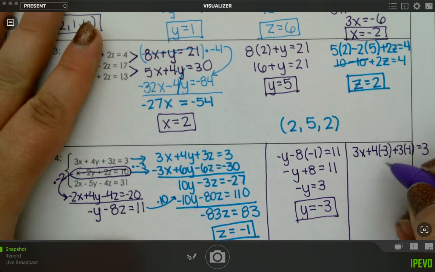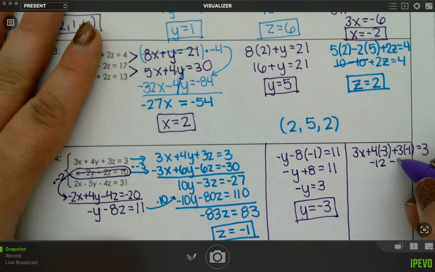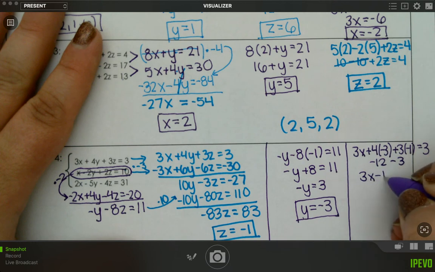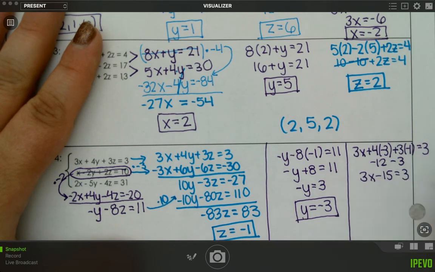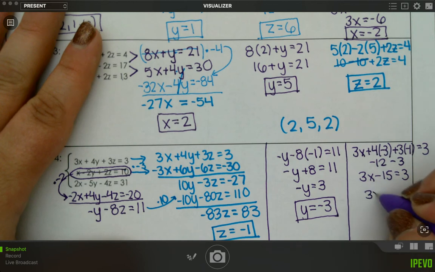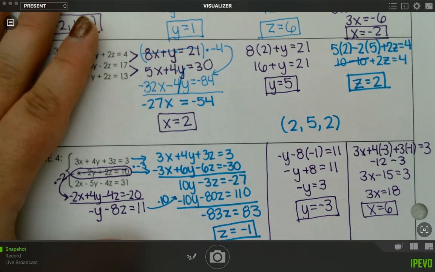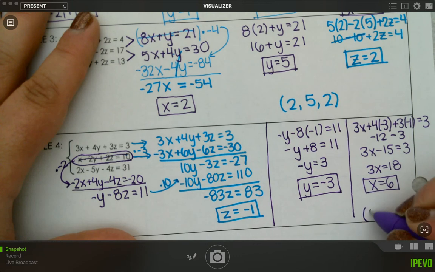Which turns into negative 12 minus 3, which is negative 15. So then I'm going to add this 15 to the other side and divide by 3. X equals 6, which means my final answer is 6, negative 3, negative 1.